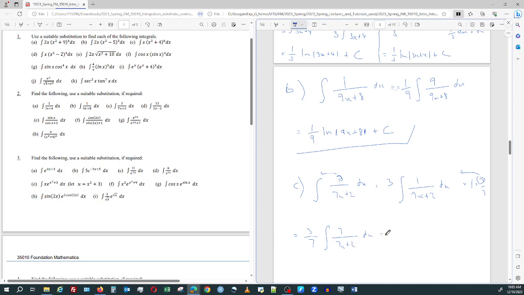So we can go straight to the integral, which is 3/7 the ln of 7x plus 2. Don't forget your plus capital C, because otherwise it's wrong. Okay, so we were able to do that. All right, that's about 20 minutes, so I'll pause there and I'll be back with the next video.